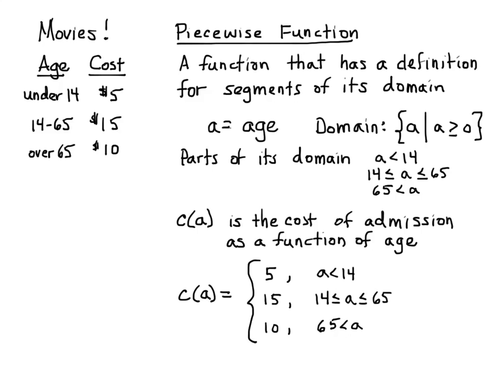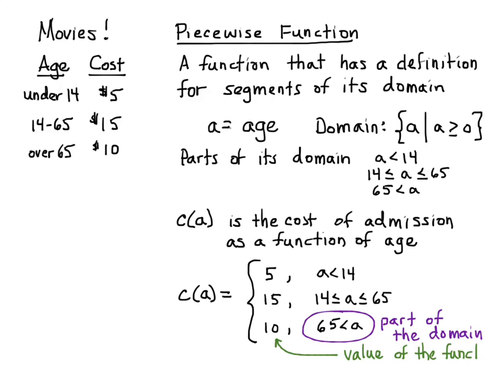Okay, so piecewise functions look more complicated than they really are. This is just basically a way of defining this exact table using our function notation. So we have part of the domain and the value of the function.